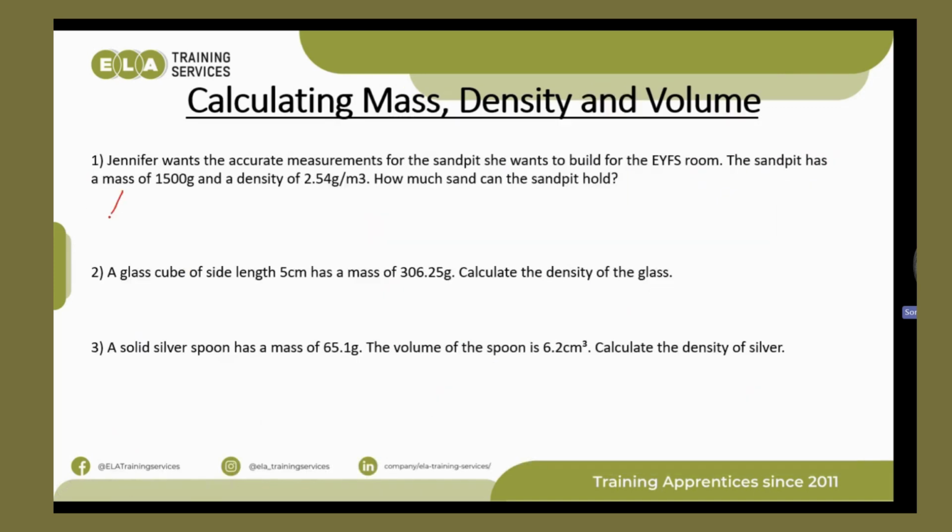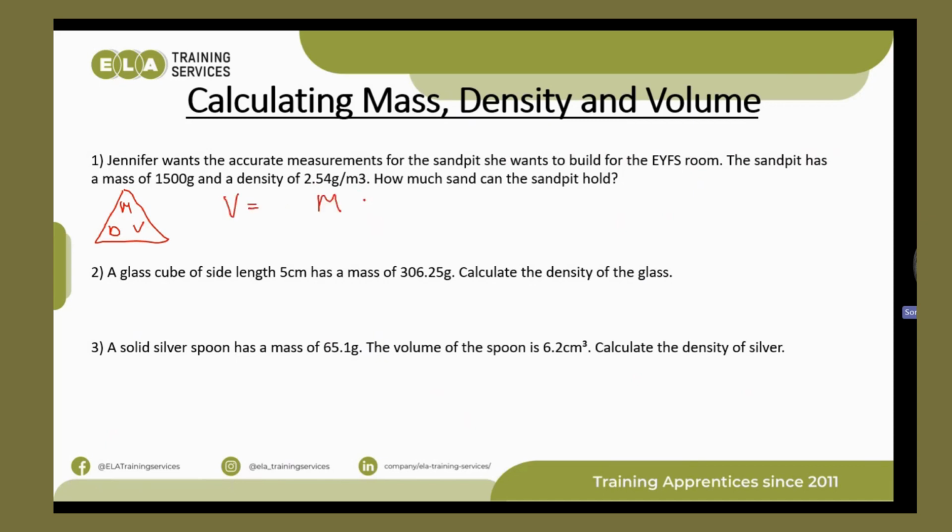So we're going to write out our triangle. So mass, density, volume. Jennifer wants the accurate measurements for the sandpit she wants to build for the EYFS room. The sandpit has a mass of 1,500 grams and a density of 2.4 grams per meters cubed. How much sand can the sandpit hold? So here we're looking for volume.